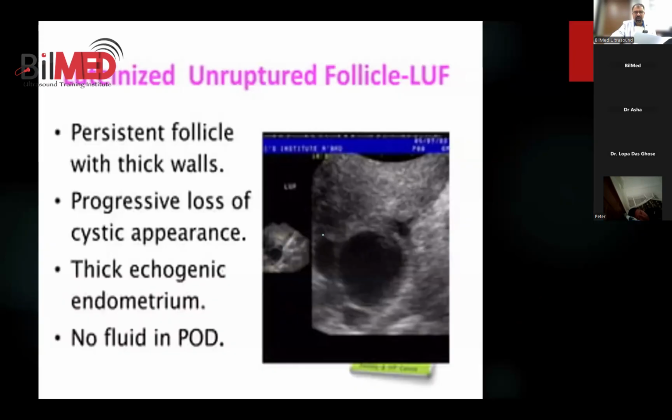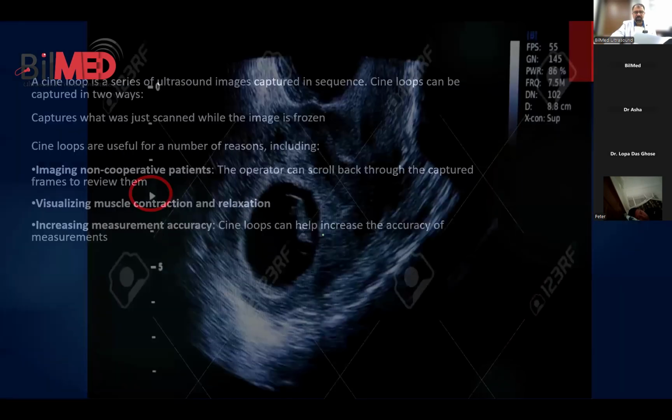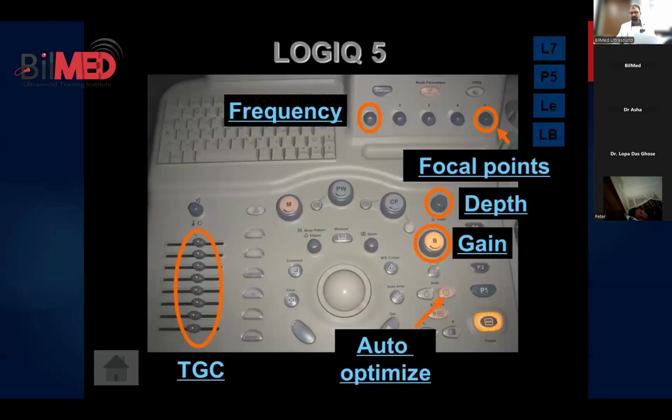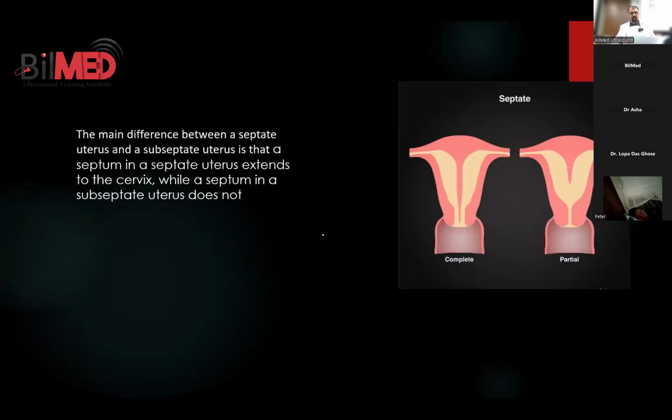Go to that relevant slide. Yeah, it is here. Now, the main difference between a septate uterus and a subseptate uterus is the septum. Now see, in case of a complete septate, the septum will extend up to the cervix over here.